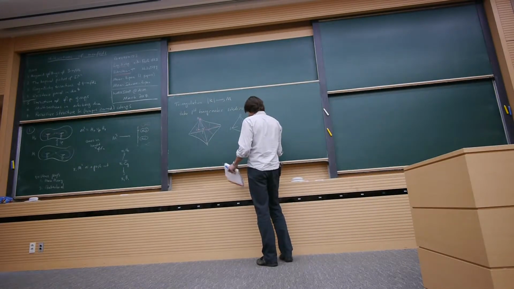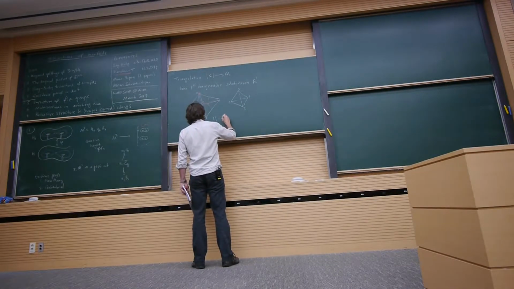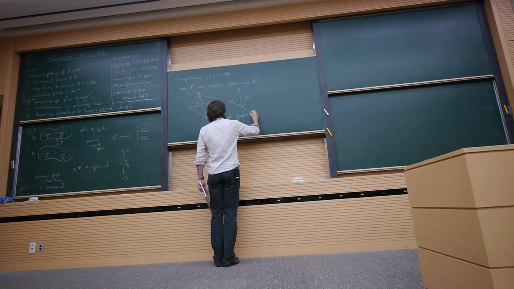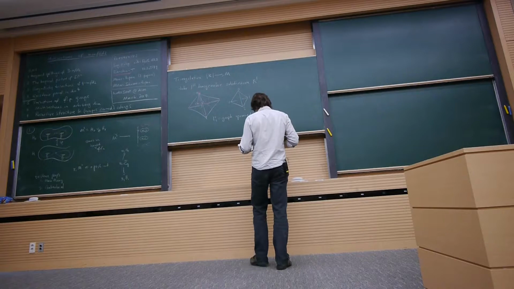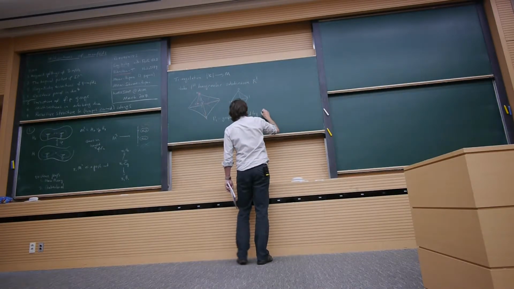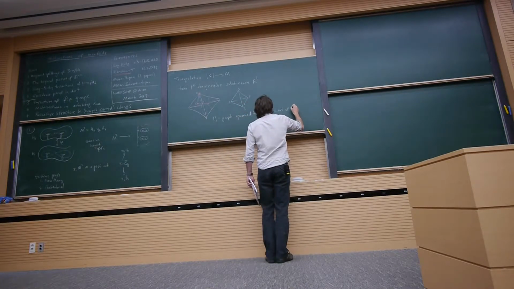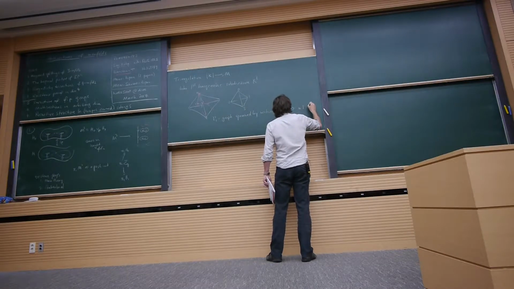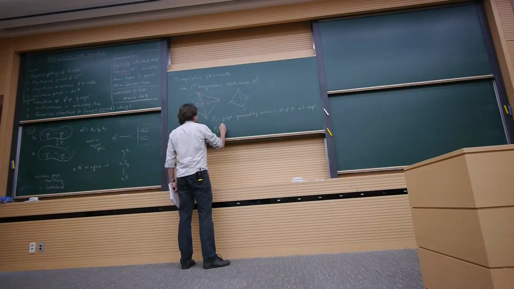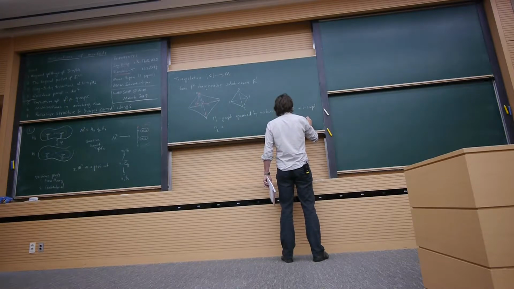So I can take the graph, say gamma 1, spanned by the vertices in the interior of the 0 or 1 simplices of the original triangulation, and gamma 2 being the graph spanned by vertices in the interior of the 2 or 3 simplices.